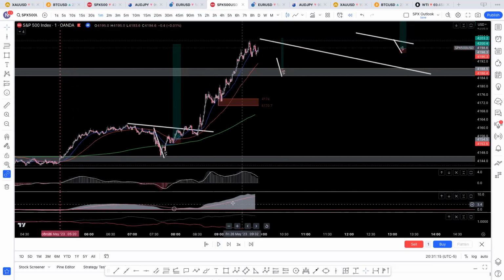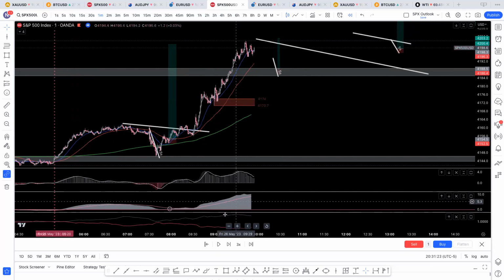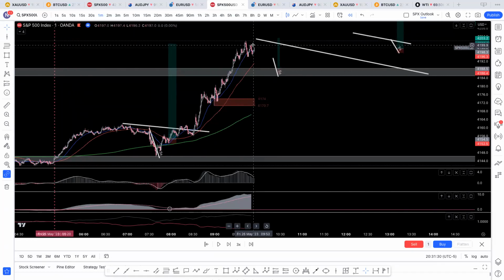If this right here is still showing, in this particular instance, bullish momentum, I go back to the 1 minute so that I don't get caught up in the lower time frame pullbacks, because there have been times where I get turned around because I'm too low.